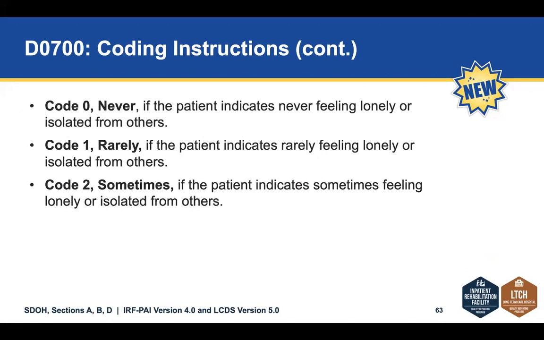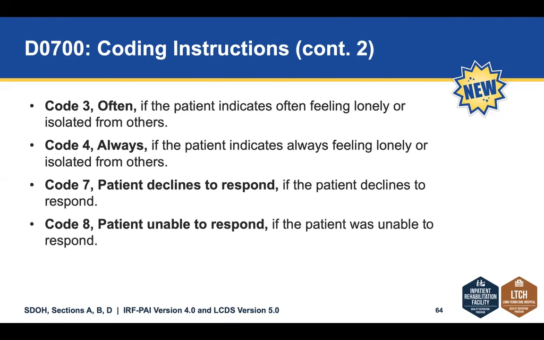In response to the question, how often do you feel lonely or isolated from those around you? Assessors will enter code 0, never, if the patient indicates never feeling lonely or isolated from others. Code 1, rarely, if the patient indicates rarely feeling this way. Code 2, sometimes, if the patient indicates sometimes feeling lonely or isolated from others.